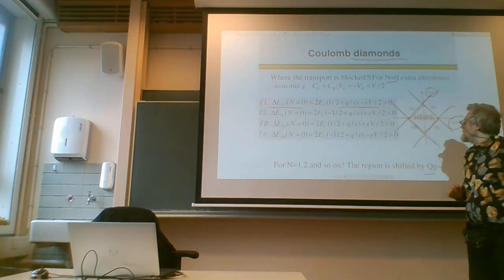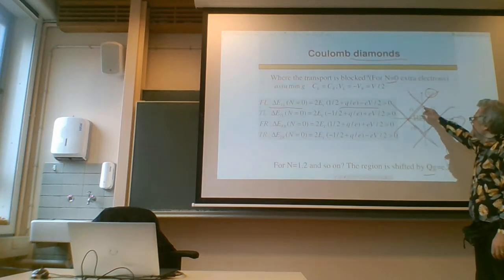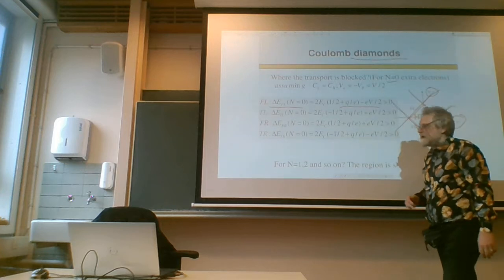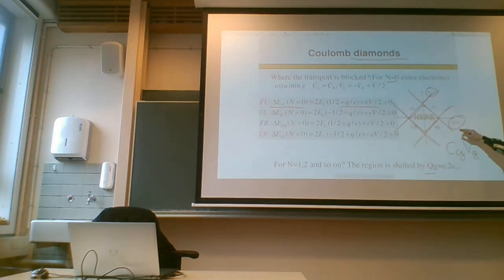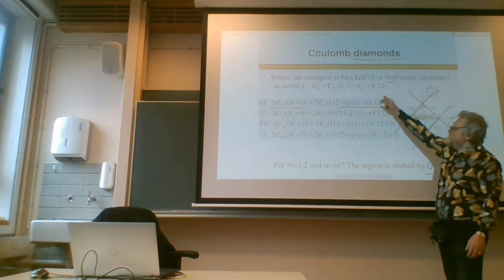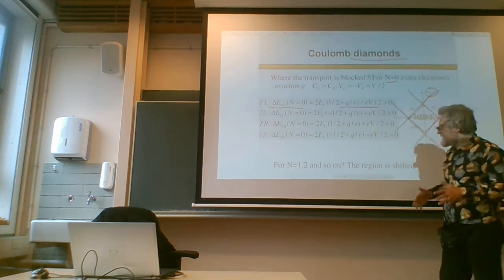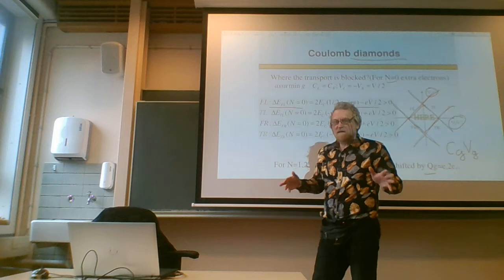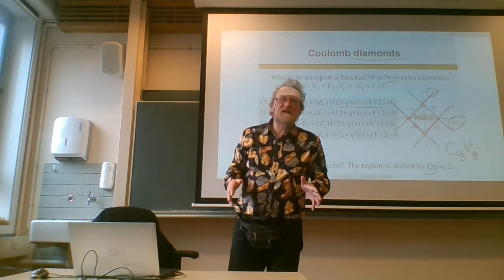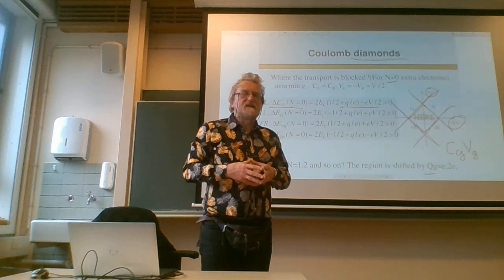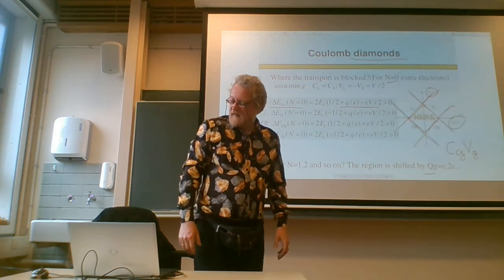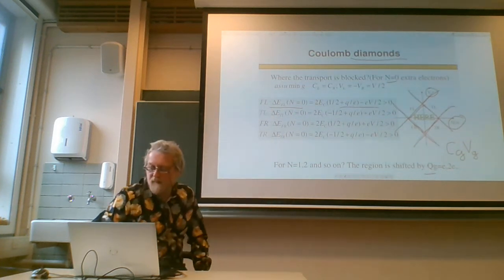So a diamond corresponding to n equals 1 just comes shifted into this position, and -1 comes shifted to here. So we have a periodic structure of diamonds, very typical for any device, any quantum transport system exhibiting Coulomb blockade.